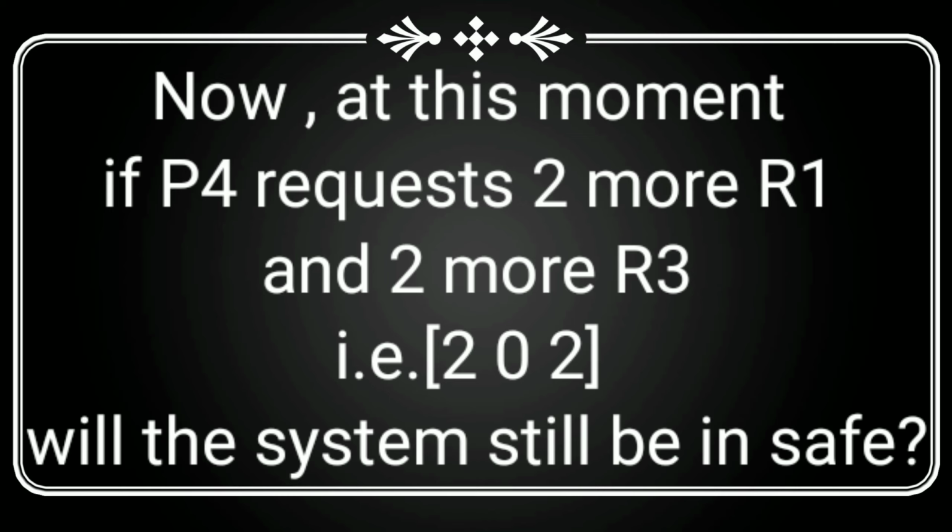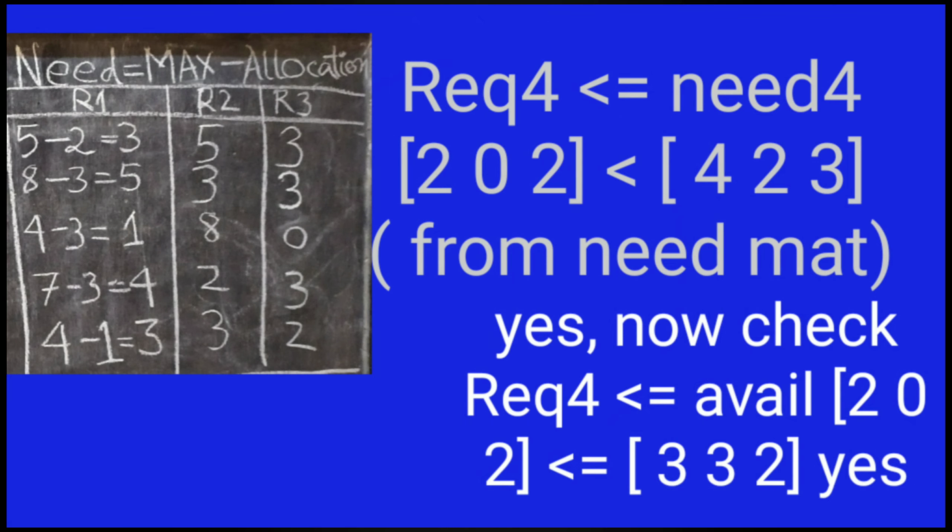Now the question is: at this moment, if P4 requests 2 more R1 and 2 more R3, will the system still be in a safe state? 2 more R1 means the vector looks like 2, 0, 2, because P4 doesn't require any of resource R2. Applying the resource request algorithm, first check Request4 less than or equal to Need4: 202 is less than or equal to 423.